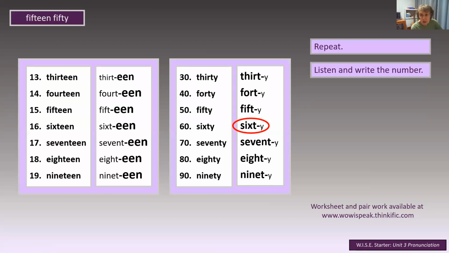Number 7, 40, 40. Number 8, 13, 13. Number 9, 80, 80. Number 10, 15, 15.